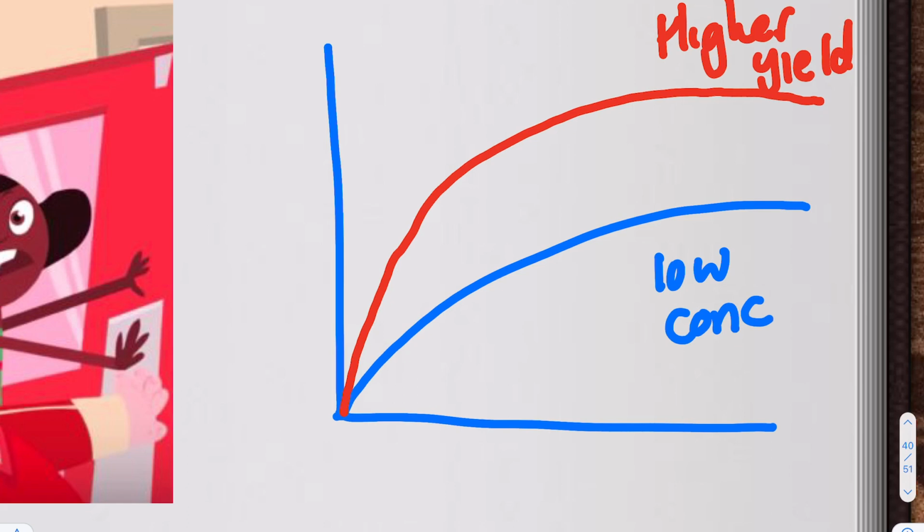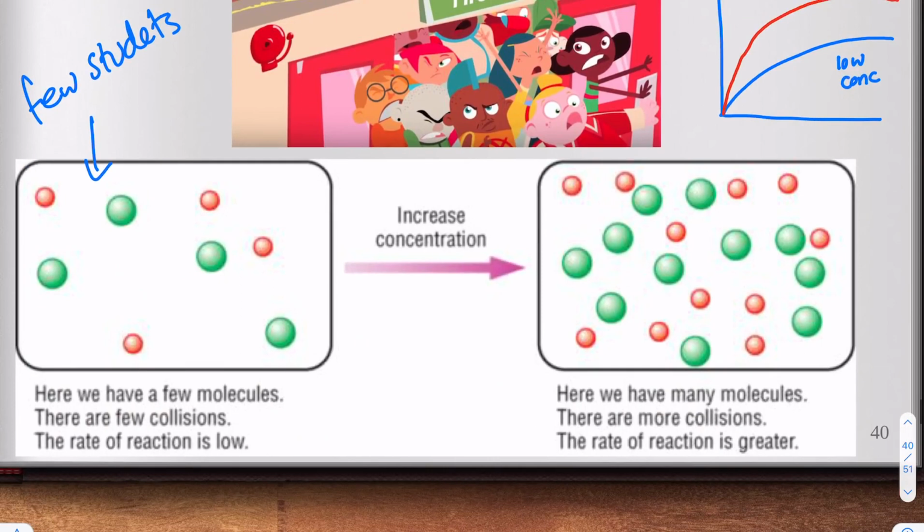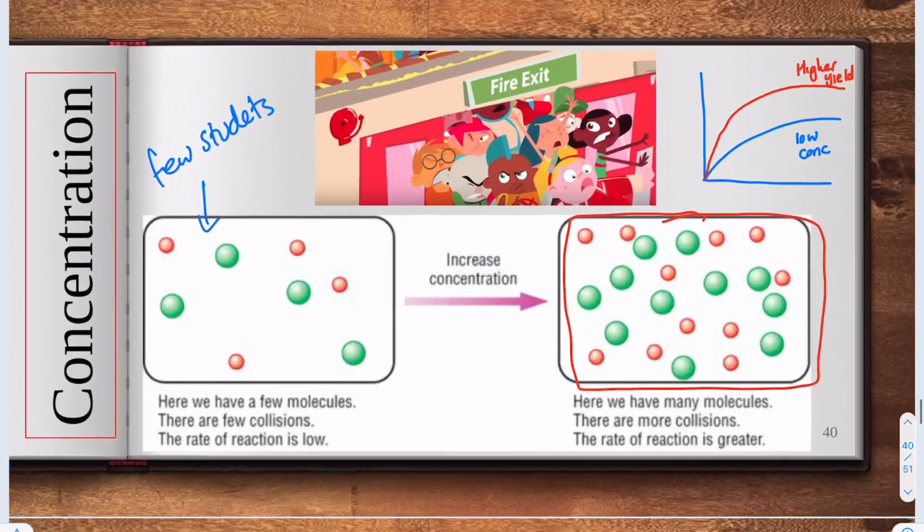And the reason why I would have a higher yield is because I have more reactants here. So I can turn more reactants into products. I can make more products, so I've got a higher yield. It's the only one for rates of reaction where you do get a higher yield, is when you increase the concentration.